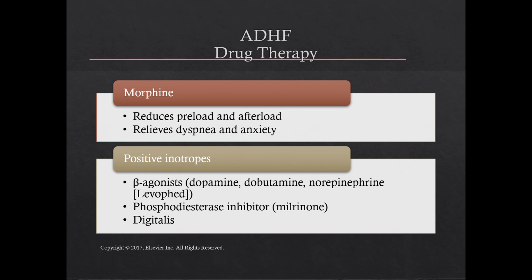Digitalis is one of the big ones that we can use. It has really, really good, powerful, positive inotrope. Inotrope does what? Force of cardiac contractility. Because it's a positive inotrope, it improves left ventricular function. It helps that ejection fraction to happen. Digitalis will help with the contractility, right?